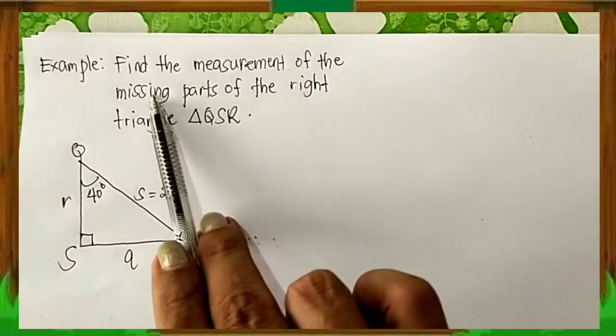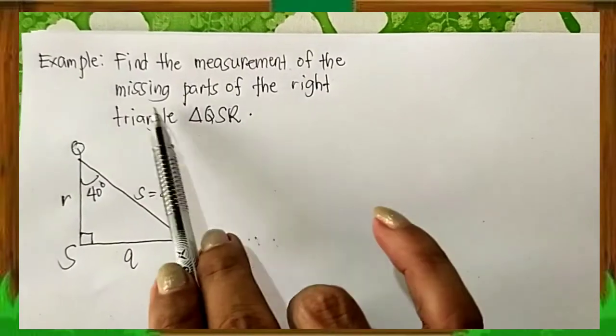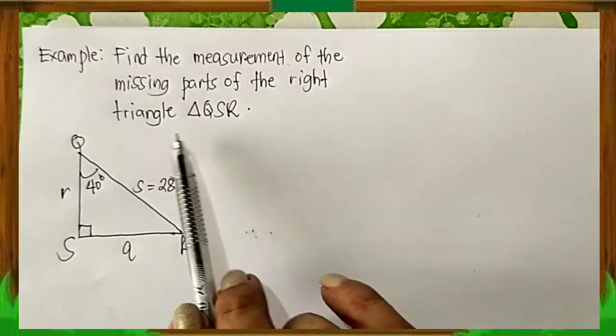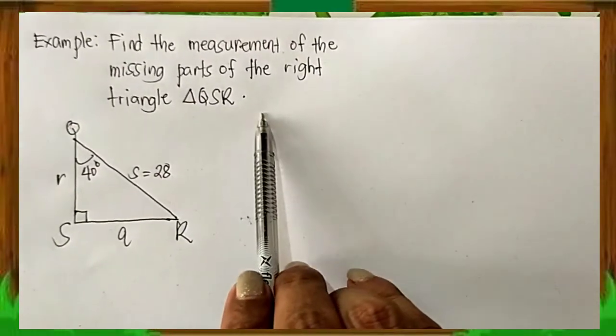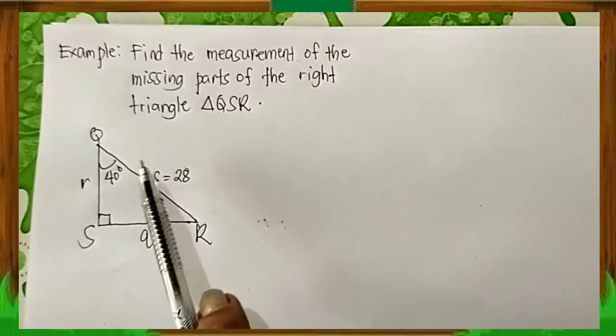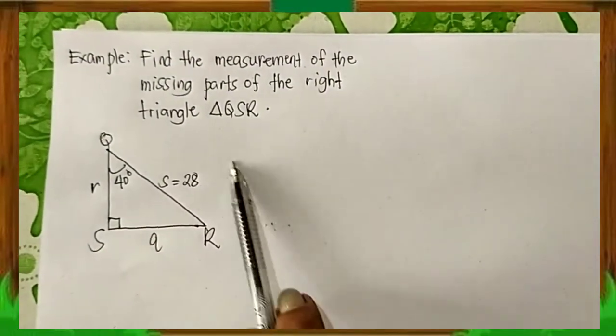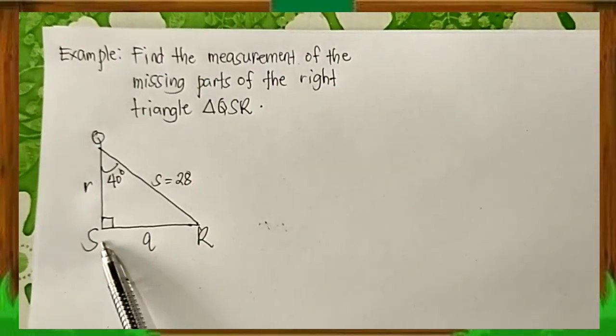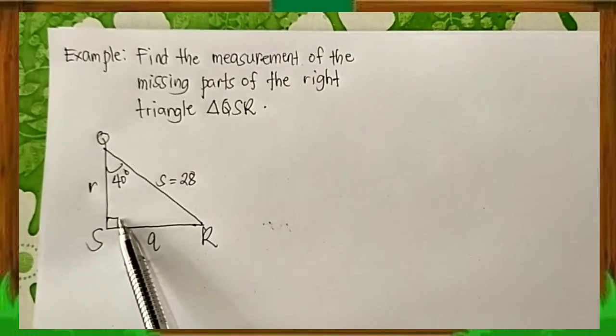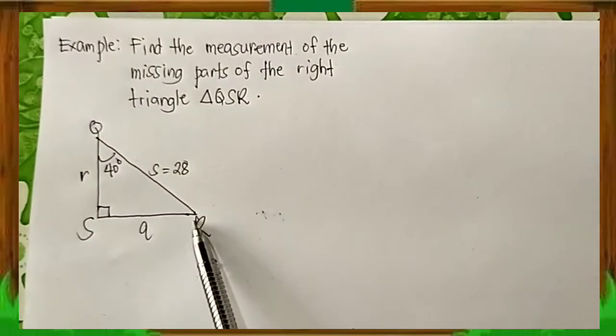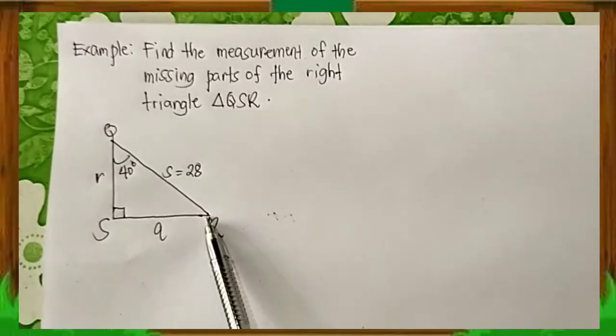Example. Find the measurement of the missing parts of right triangle QSR. As you see in the figure, angle S is a right angle. Angle Q and angle R are acute angles.